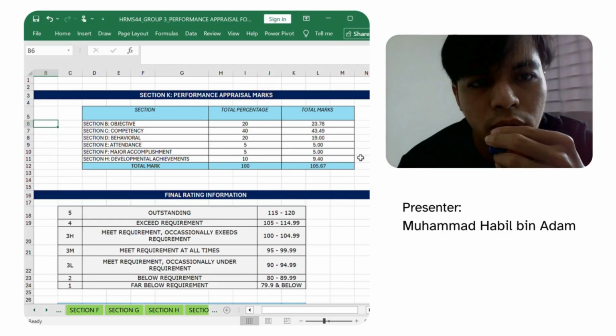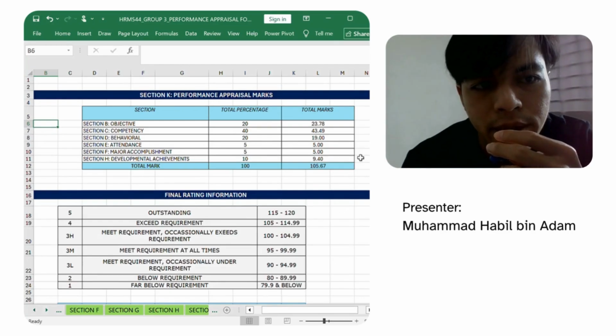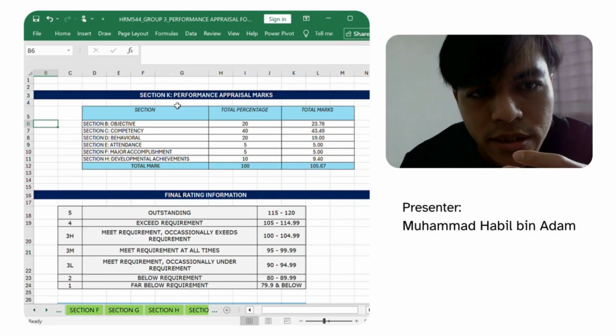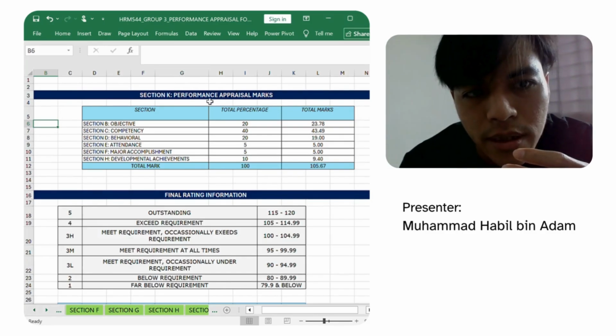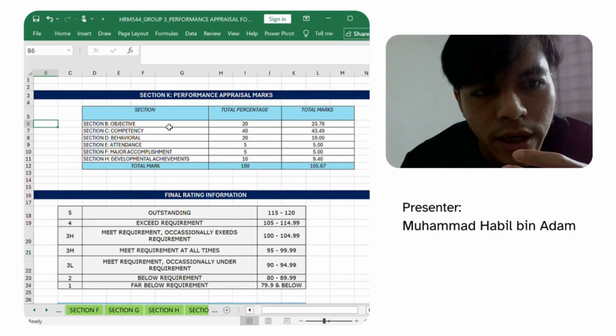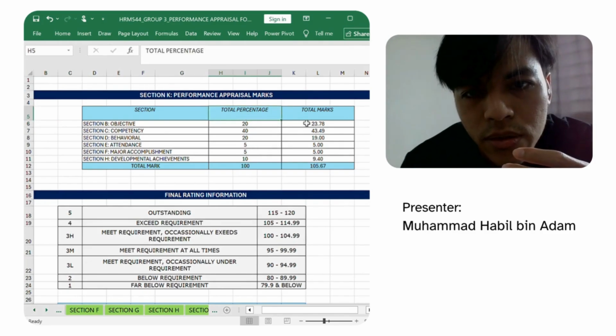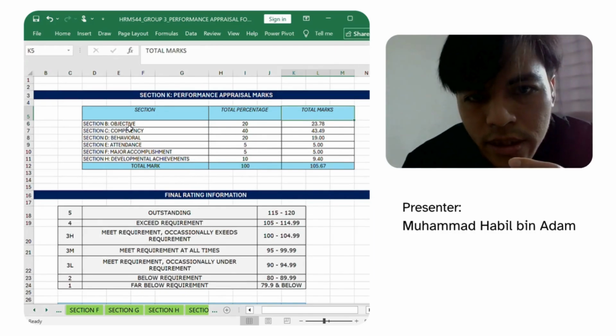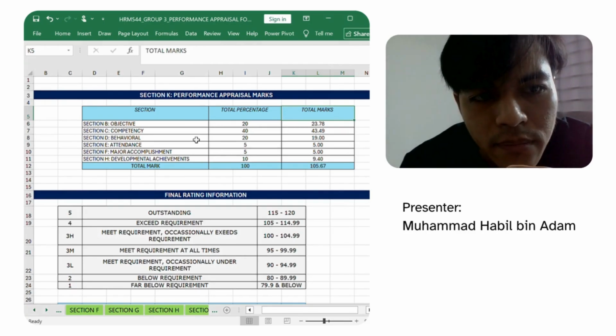Assalamualaikum, my name is Muhammad Habil bin Adam and my ID number is 2022548731. So I'm going to present section K, performance appraisal marks. Here we have section B to section H, with the total percentage and total marks. Section B is objective, total percentage 20 and total mark he gets 23.78.